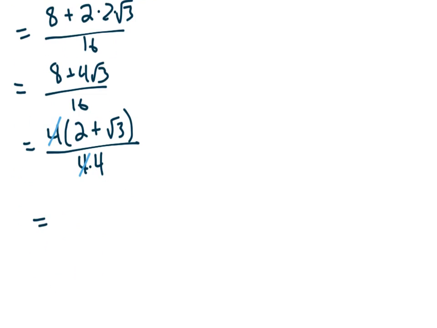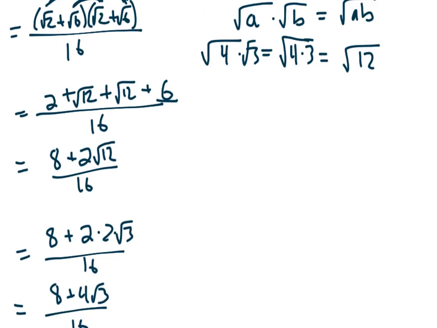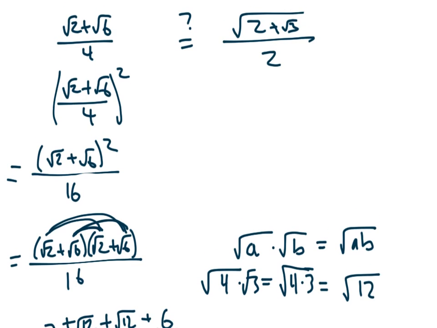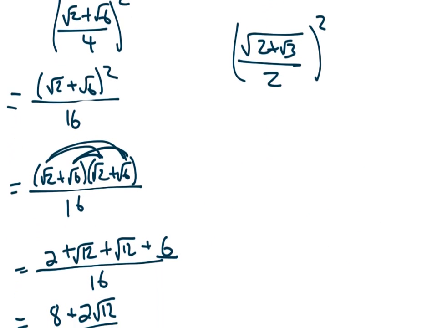Finally, after squaring the left-hand side many steps later, we get this. Let's square the right-hand side. When I square the right-hand side, I'm going to square the top and the bottom separately, right? Now the square of the numerator is a square root times itself, and when you do that, you get what was inside.